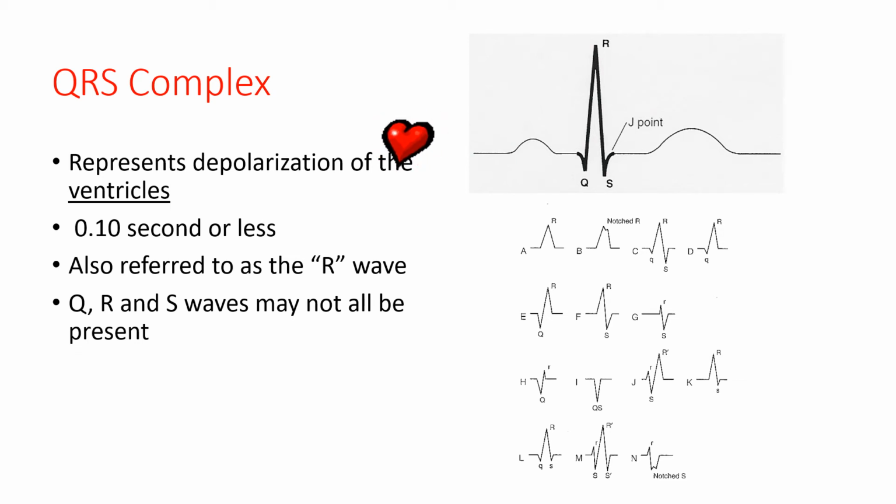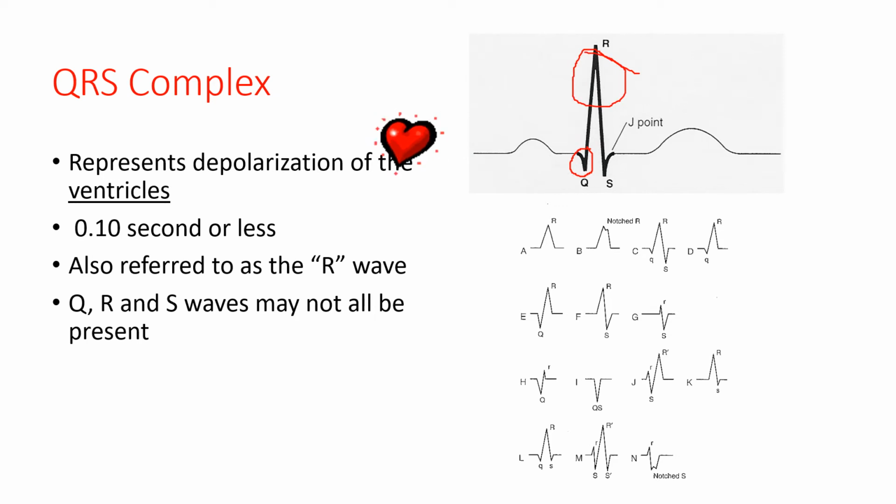When we look at the QRS complex, please understand that there are different deflections. Your Q wave is a negative deflection. It is the first negative deflection, and of course, it always comes before the R wave. Your R wave is the first positive deflection.